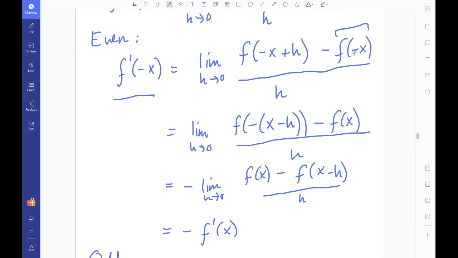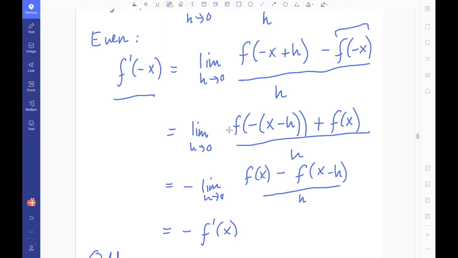So f of minus x is not f of x, it is minus f of x. So that becomes a plus. And you can still factorize this here like this, but now f of minus x minus h is not equal to f of x minus h, it's actually equal to minus f of x plus h.